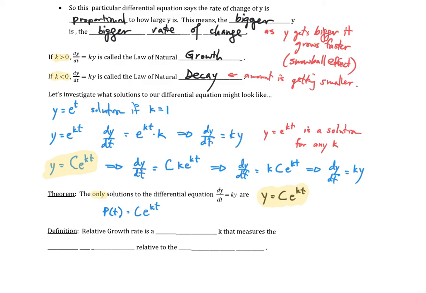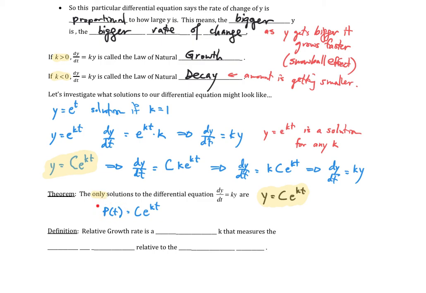Why do they call it P of t instead of just y? Well, y would be a generic name for a function, but when we write P of t, P generally you could think of as population, and t you could think of as time. Remember, we have an independent variable of t, so when you write P of t, that indicates its dependence on time.